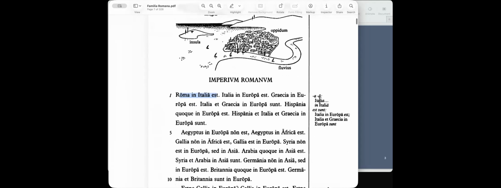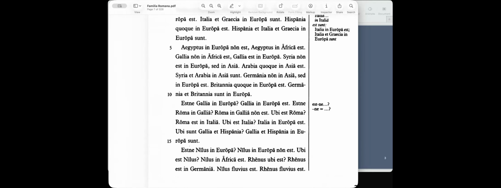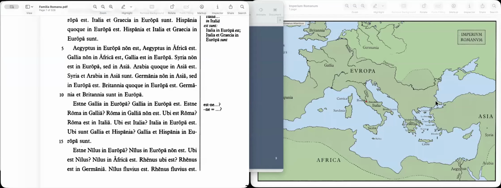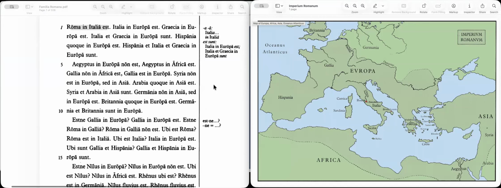Italia, that's Italy. And it has a nice map. Actually, let me add the map here. There we go. Okay, now you should be able to see the map. The PDF is black and white, but see, it gives you the map in this case.